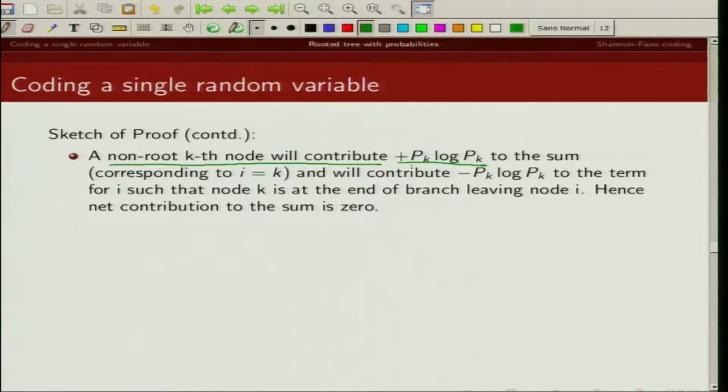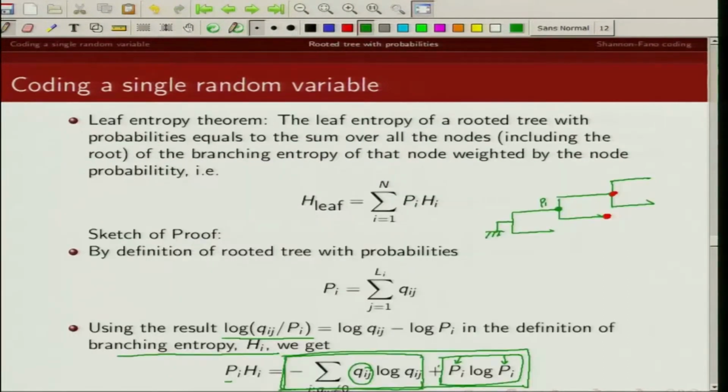and the same node will contribute minus pk log pk to the sum, because if you consider a non-root node, let's say you consider this node, this is a non-root node, right? If I do this summation Pi Hi at this particular node, the contribution of this Pi would be positive. However, for this particular root node, this is another node at depth 1.